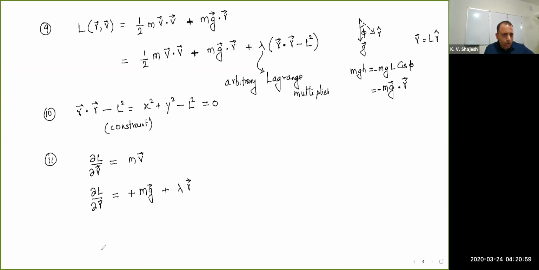And our Euler-Lagrange equation using this takes the form: the time derivative of the momentum, which is mass times acceleration, remember d by dt of dL by dv, is equal to mass times acceleration.